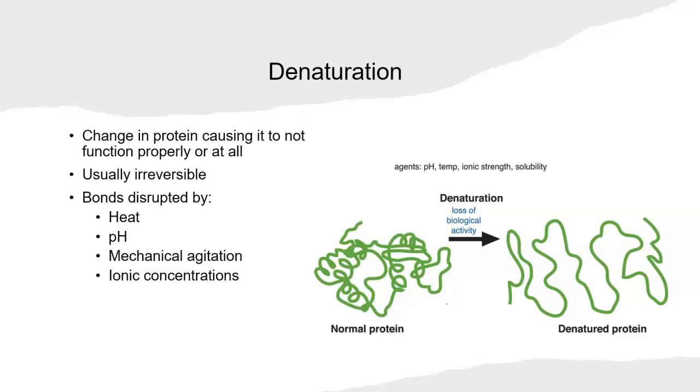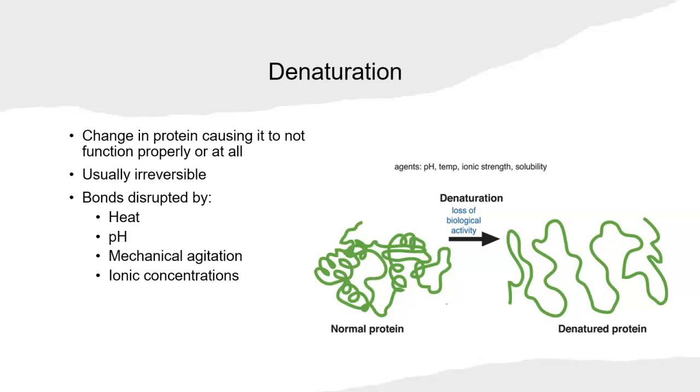proteins are created by chemical bonds being formed between amino acids. So if we disrupt those bonds by applying heat, by putting an acid in and altering the pH, mechanical agitation, think about just shake something until it falls apart, or if we add in other ions that can interfere with those chemical bonds, then the protein may lose its function.